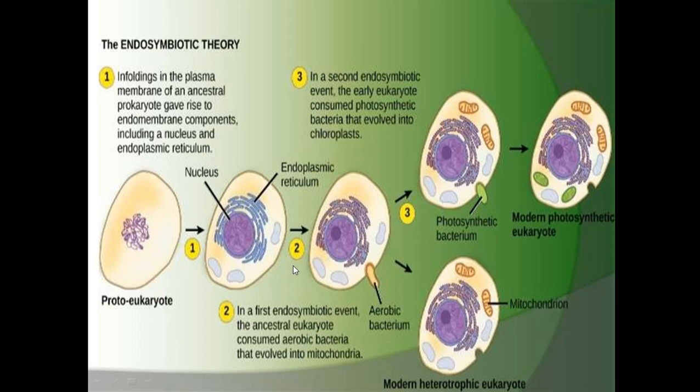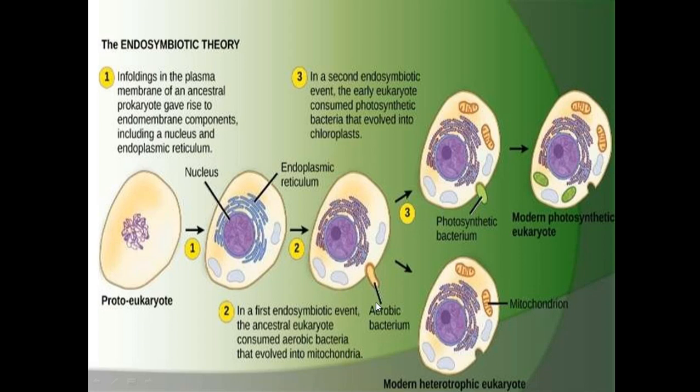In the first endosymbiotic event, probably the archaic cell or ancestral eukaryotic cell consumed a bacteria, an aerobic bacteria, a bacteria which can make use of oxygen. That must have evolved into the mitochondria.